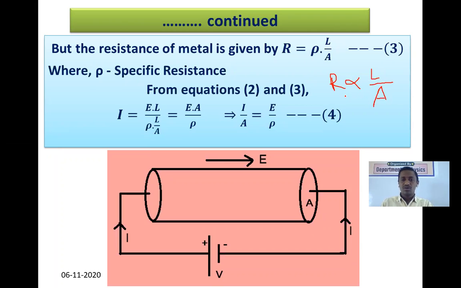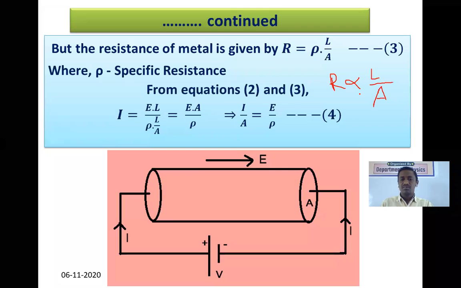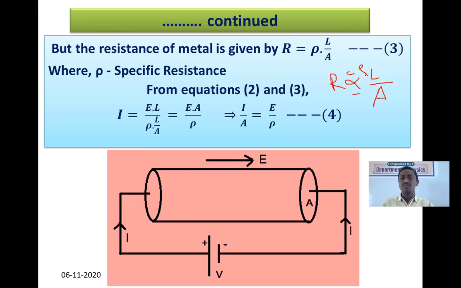So R is proportional to L by A, and if we remove the sign of proportionality and put equals to and a constant, that constant is rho, which is called specific resistance or resistivity.